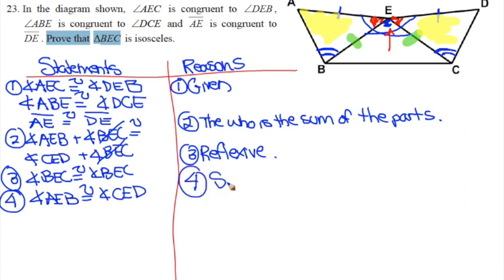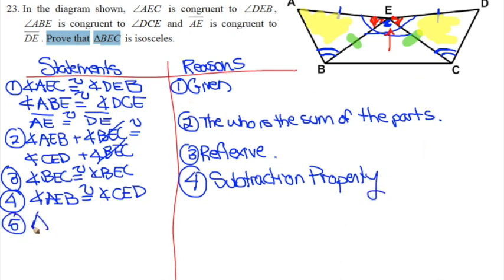And the reason is subtraction property. Next, I can now say those two triangles are the same. So I'm going to say the triangle ABE is congruent to triangle DCE. And my supporting theorem is AAS.